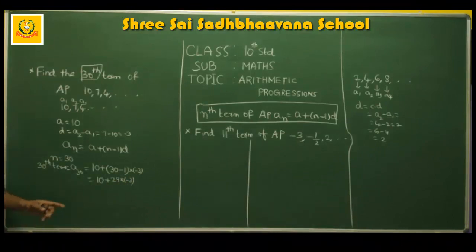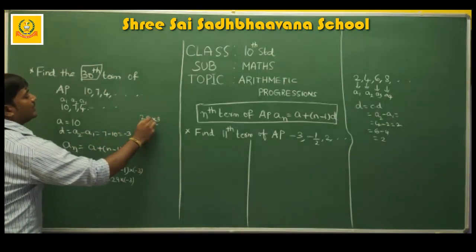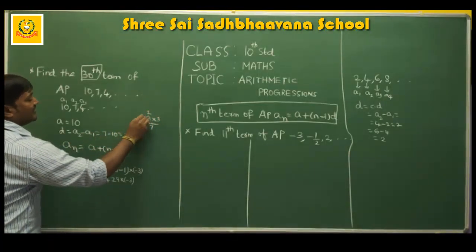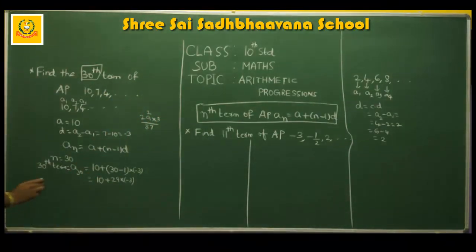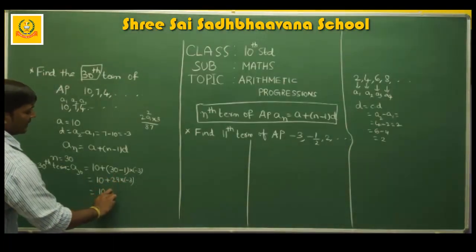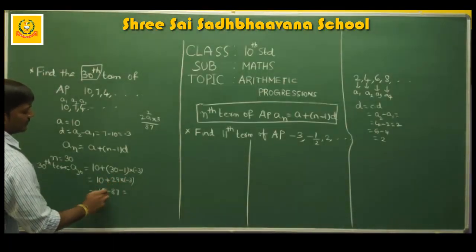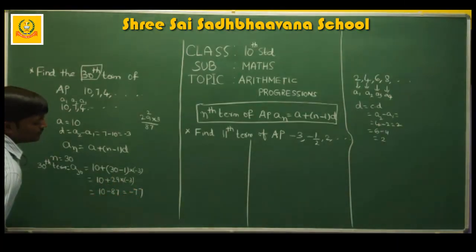Just multiply 29 with 3. 3 9s are 27, 3 2s are 6, plus 2 is 8. So you will get minus 87. So 10 plus into minus is minus, so minus 87. What will be the answer? 10 minus 87, which will give you minus 77.